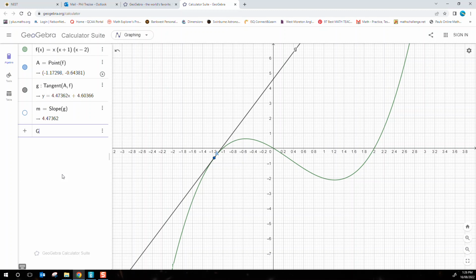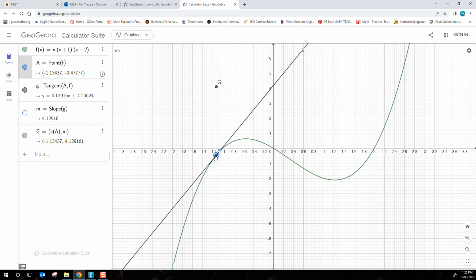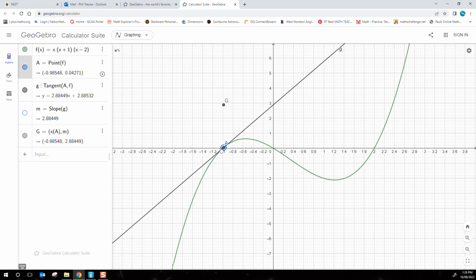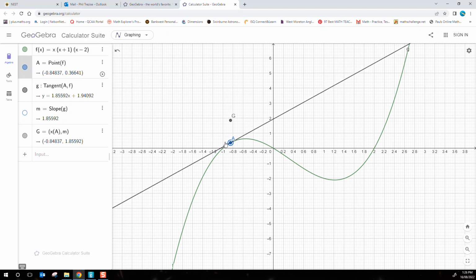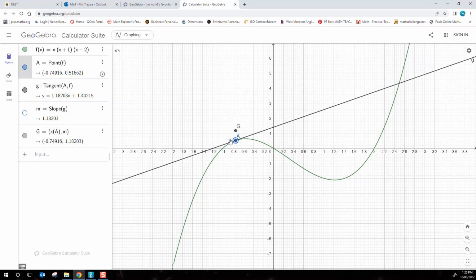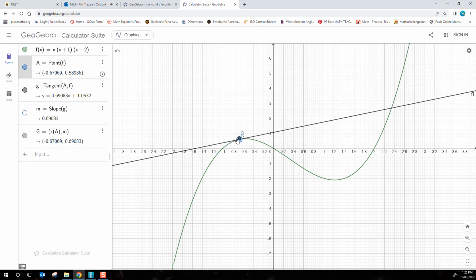So I'll define a point capital G. I want this to move in sync with point A, so it will share the same x coordinate as point A, and its y value will be the gradient. So there's point G, and as point A moves, the tangent changes, the gradient is getting lower, so point G is coming closer, coming down a bit.